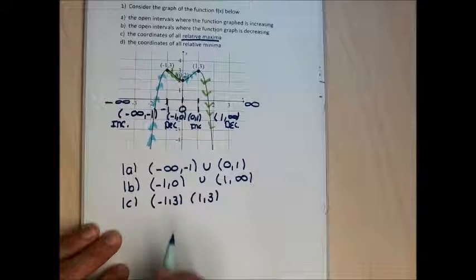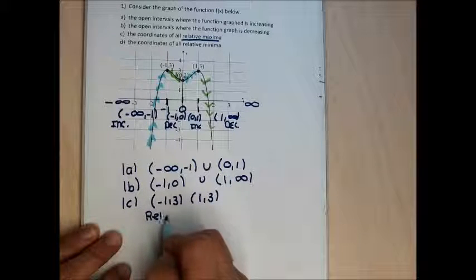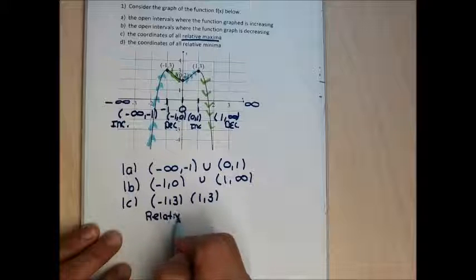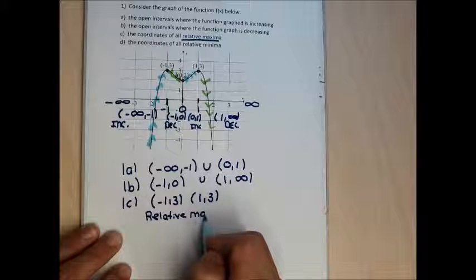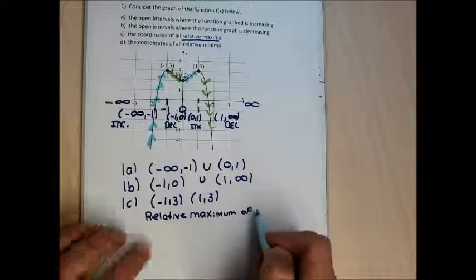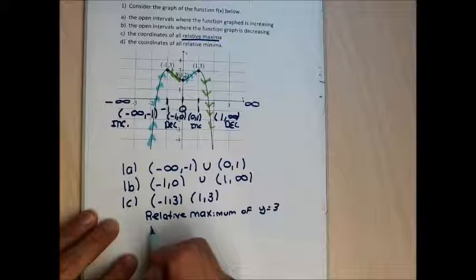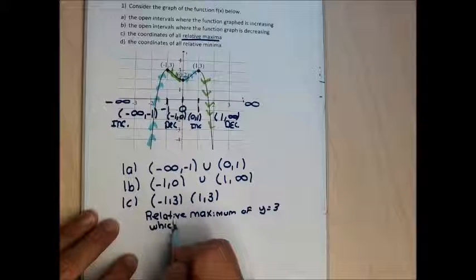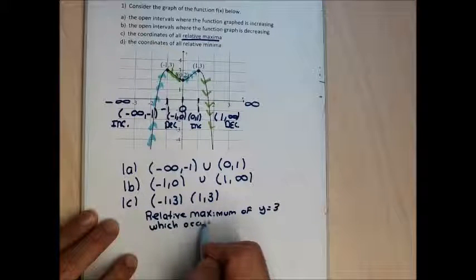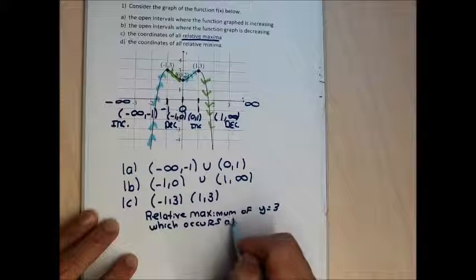It might be nice if you might have said this: there's a relative maximum of the y-coordinate of those points, y equal to 3, which occurs at the x-coordinate of those points.